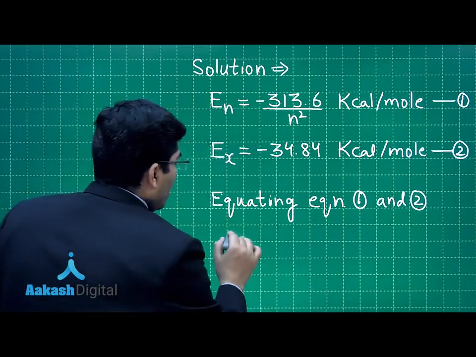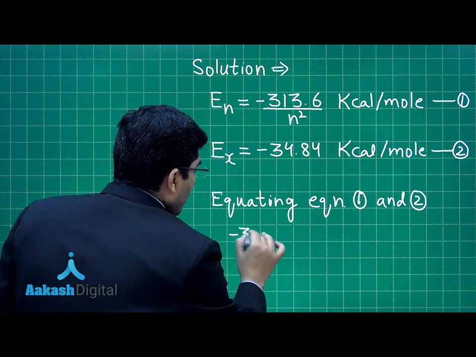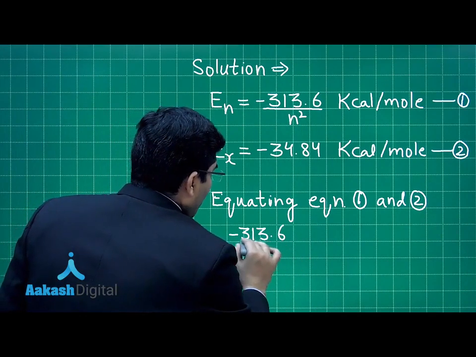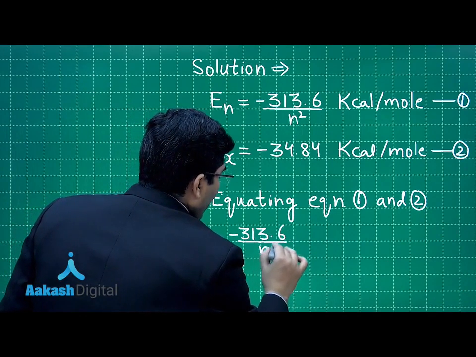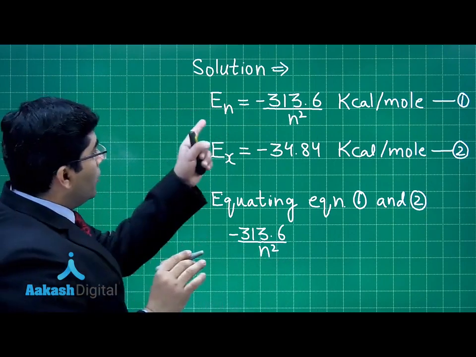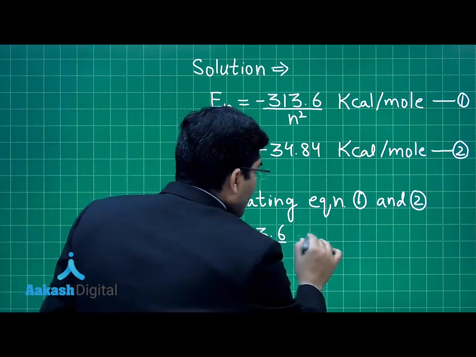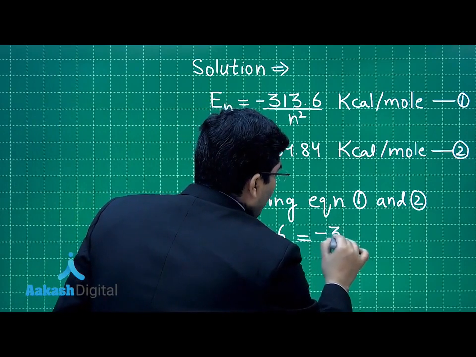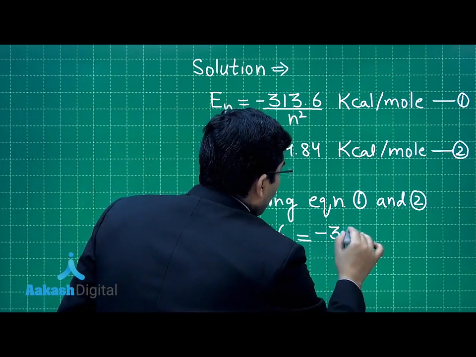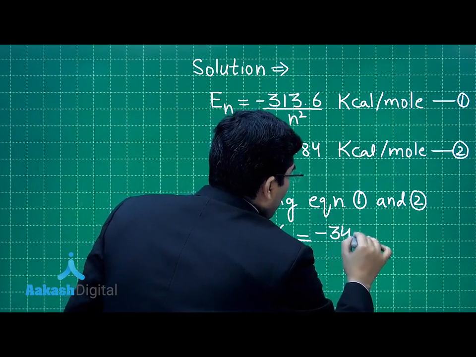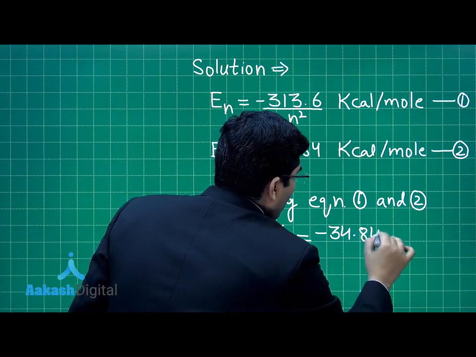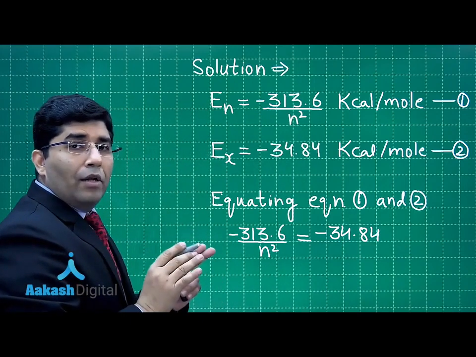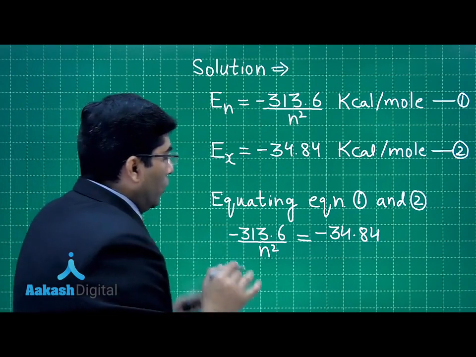We will get minus 313.6 upon n square, that is a general expression, and this is equal to minus 34.84. This is the energy of that particular shell that we have to find out.